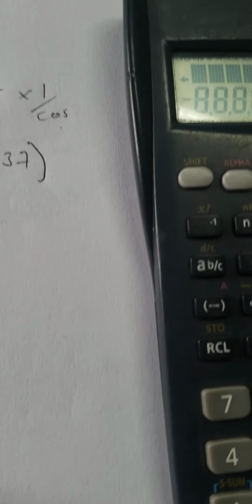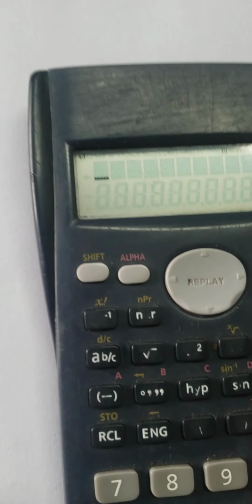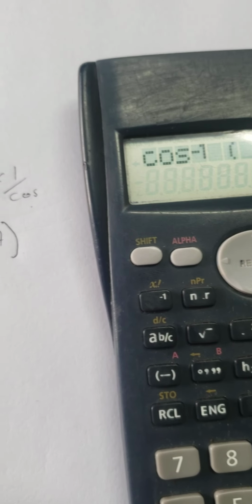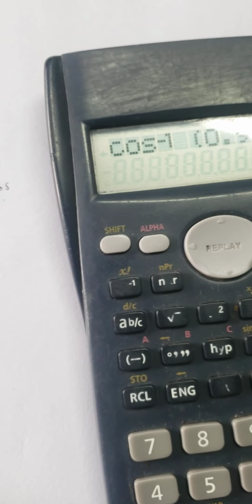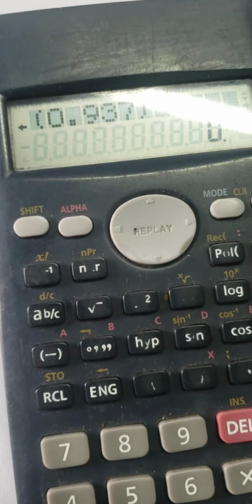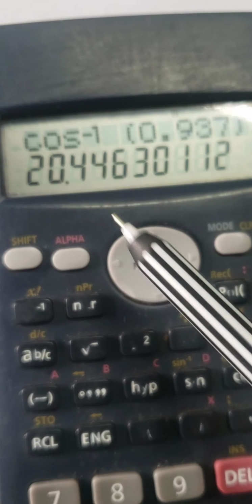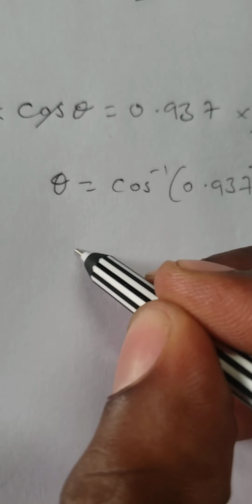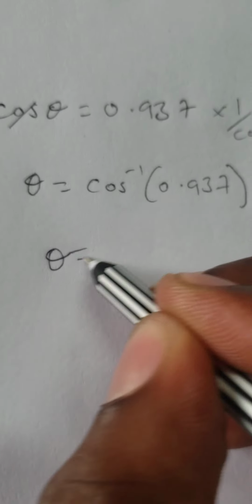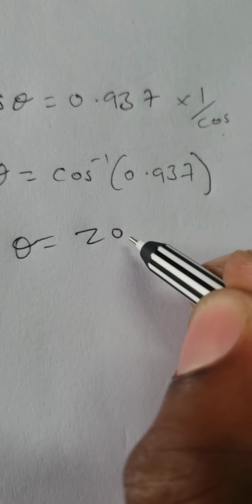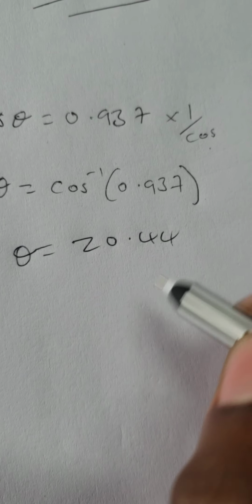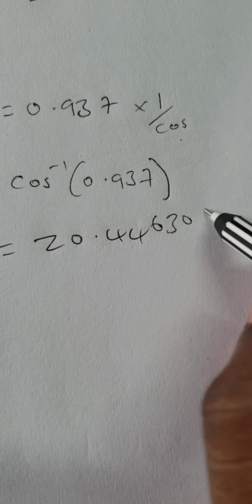We press shift, then cos, then 0.937, and we get 20.446301112.